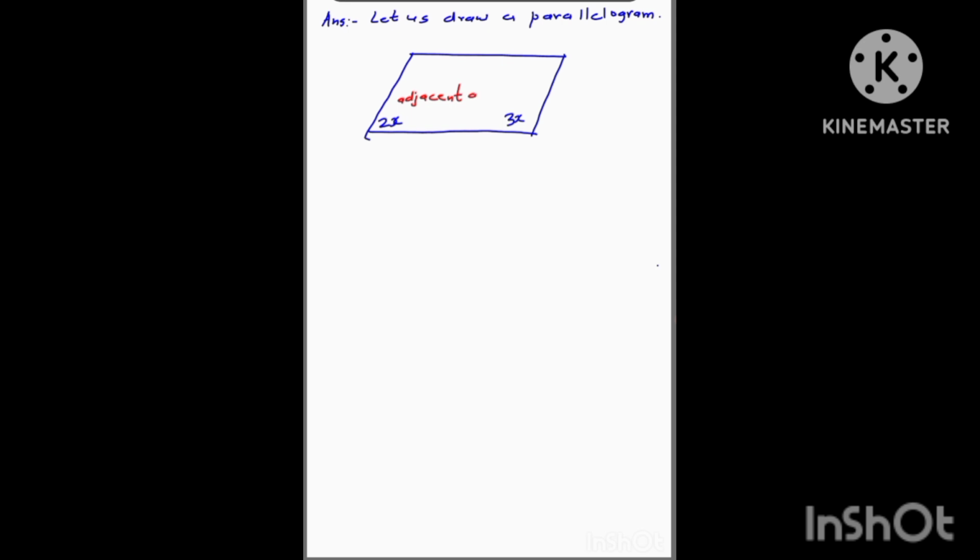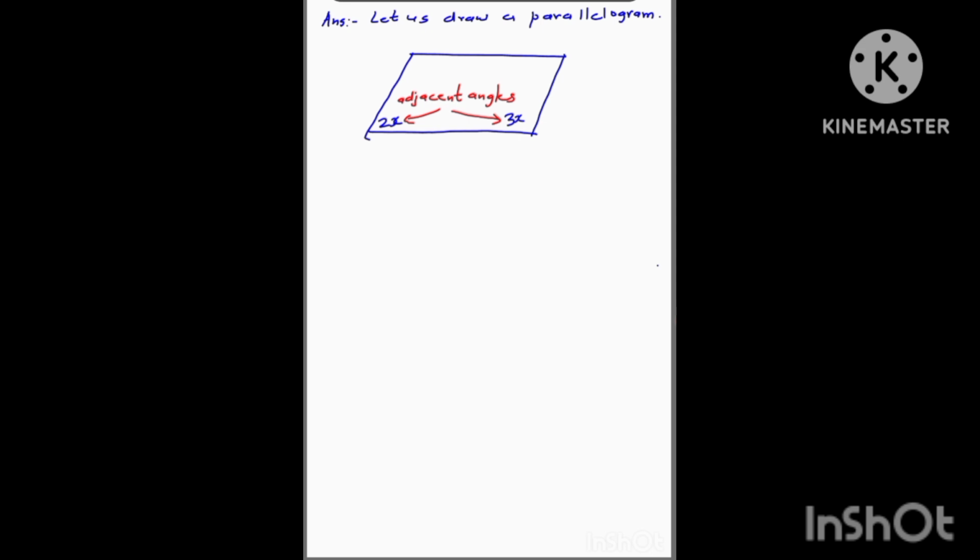Here we have to find the angles of the parallelogram by some equation. We are given the parallelogram angles are in certain proportion, so we draw the parallelogram and mark them accordingly. Okay, the adjacent angles are in the ratio 3:2. So one will be 2x, another will be 3x. Okay, so these are the adjacent angles.